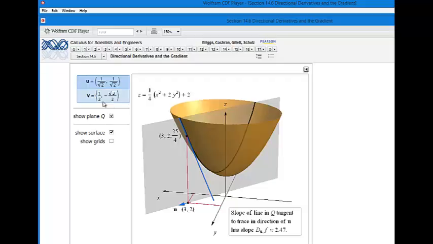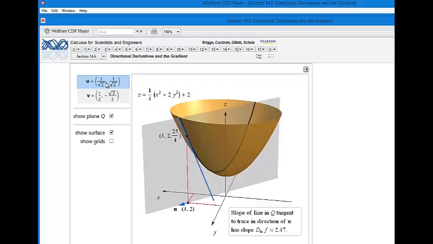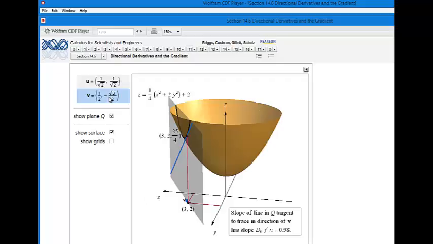If we're going to do the direction of v, so v is a different vector, right? v is pointed, it says 1/2, negative radical 3 over 2. So notice, at the same exact point, we're talking about very different tangent lines. You guys see that? But it's the dot product of some unit vector down here in the xy plane with the gradient vector. The gradient vector being the partial derivatives, so basically df dx and df dy.